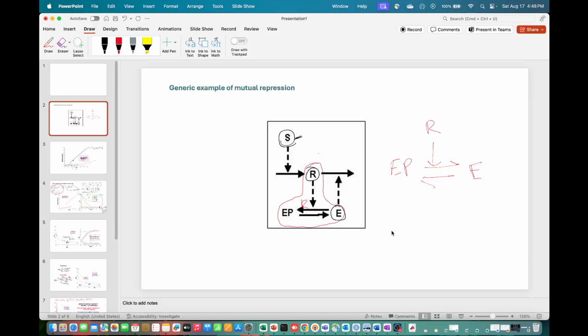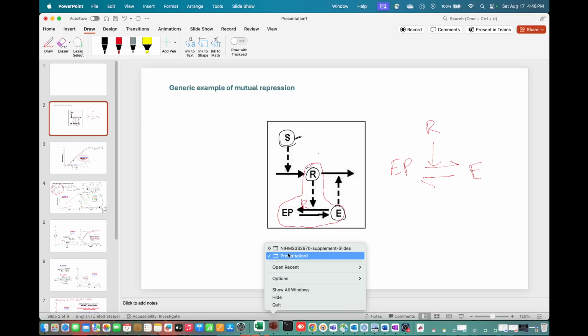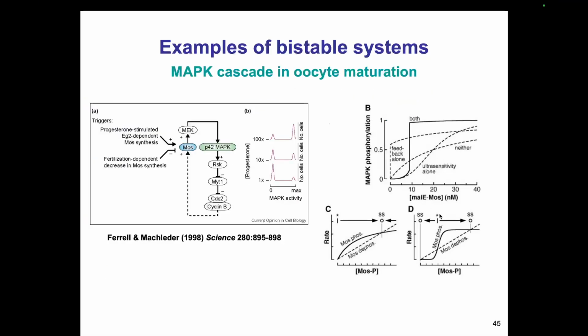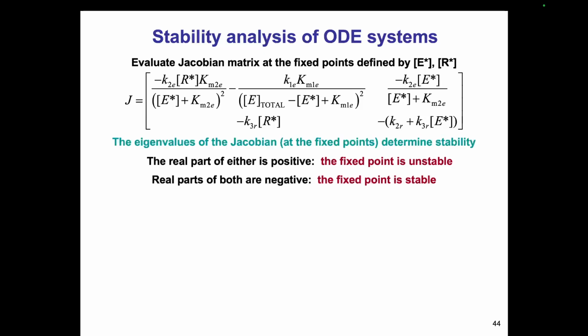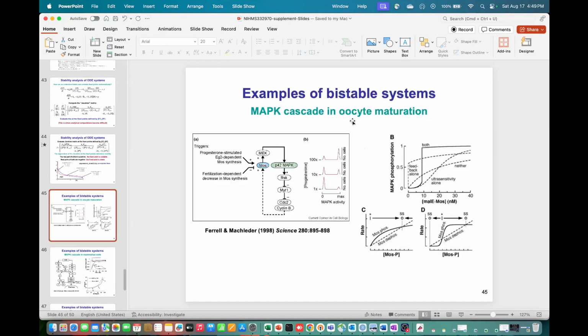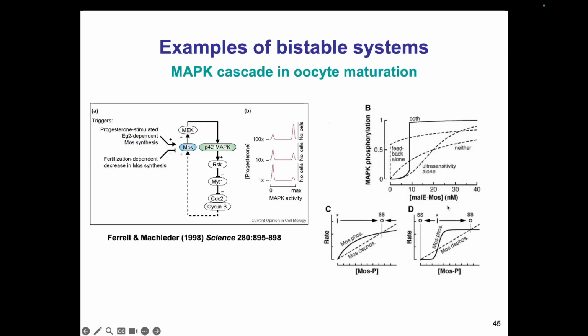One such example of a mutual repression is, if I can show you here. Yeah, this is an example of a bistable system.